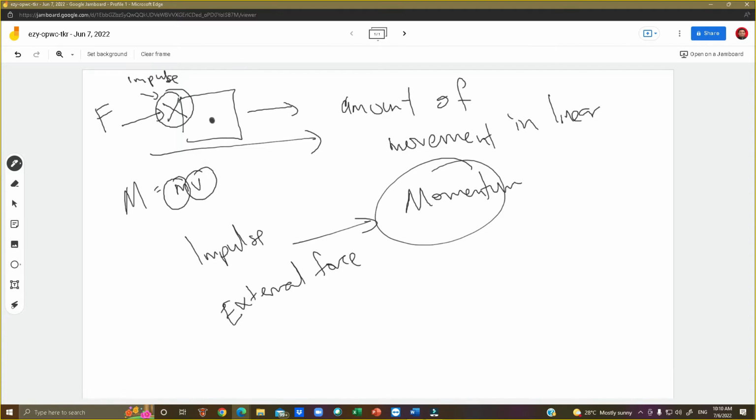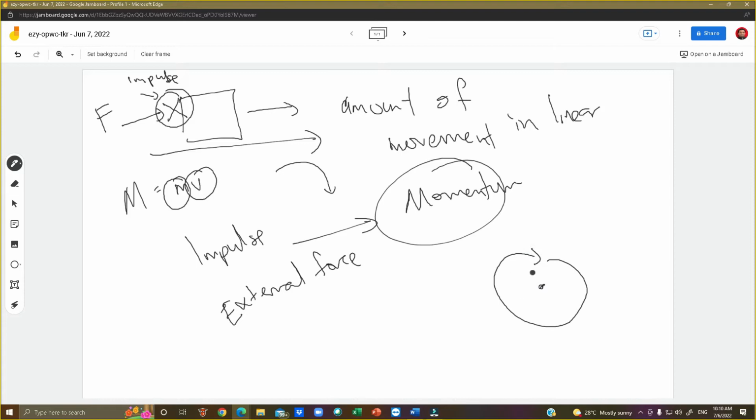This is linear. In the angular case, it is actually the same thing, but instead of moving in a straight line or a curve, in angular kinetics, angular momentum is when the object rotates.